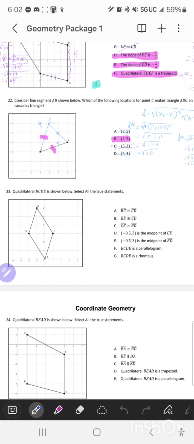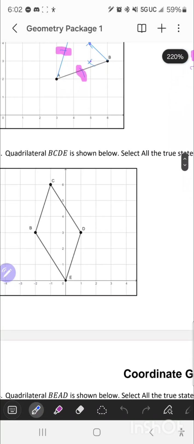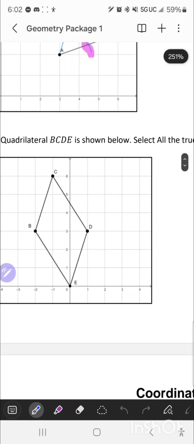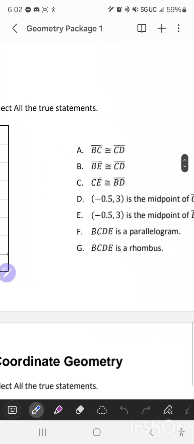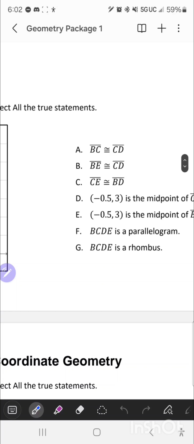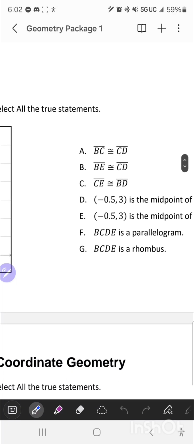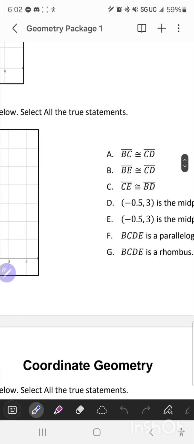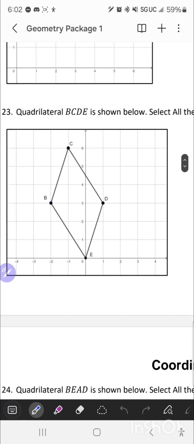So let's first see if BC is congruent to CD. As a trick that I also have, we were calculating the distance, which you can always do if you are not sure. But since BC and DC, I know that this is BC, and this is CD. What I like to do is count.